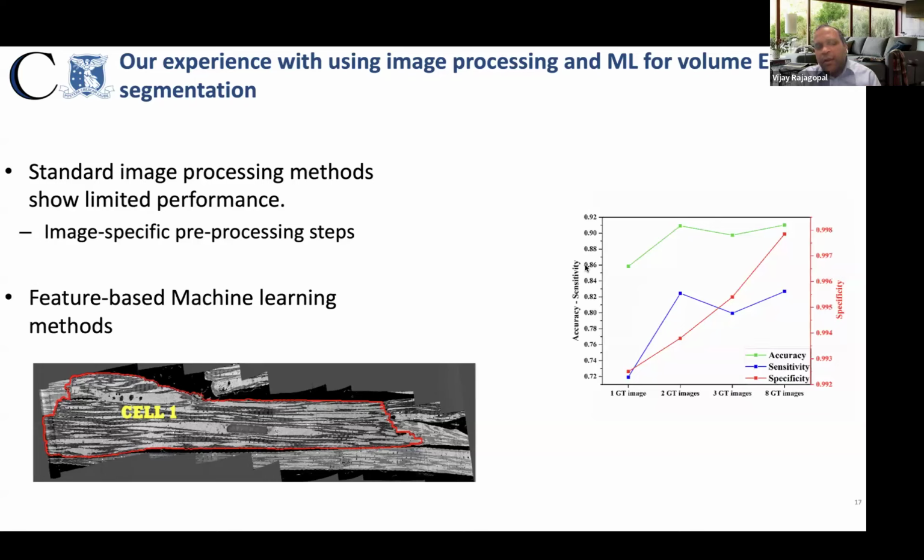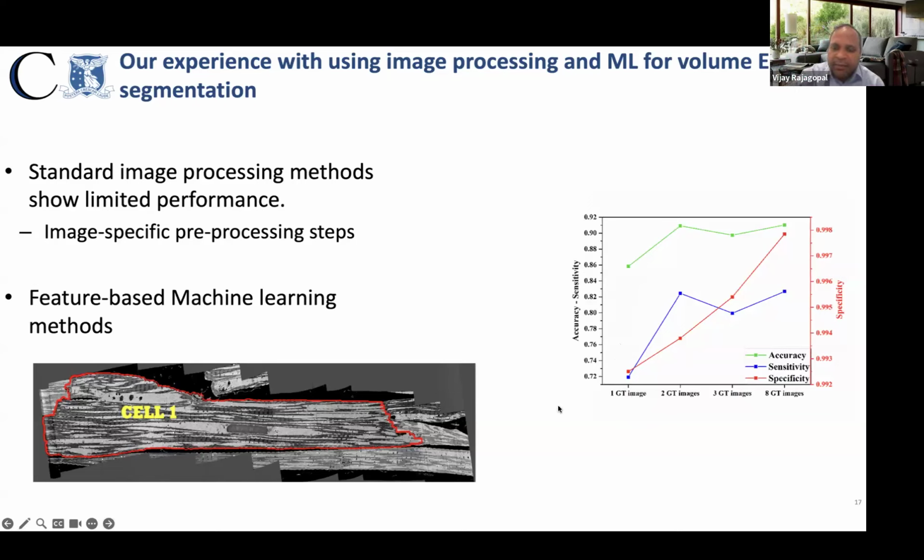We also worked through some machine learning methods. There continue to be these freely available, really powerful machine learning software packages that you can use. What we tried is to manually annotate some of our images, and then test how machine learning algorithms perform as you increase the number of ground truth images.